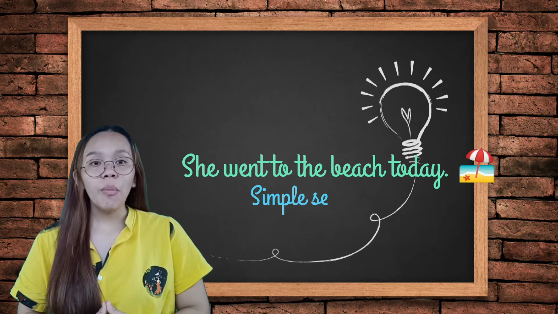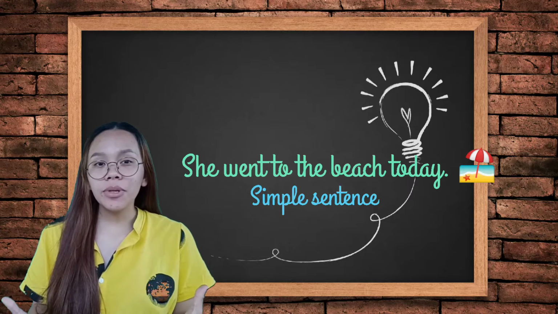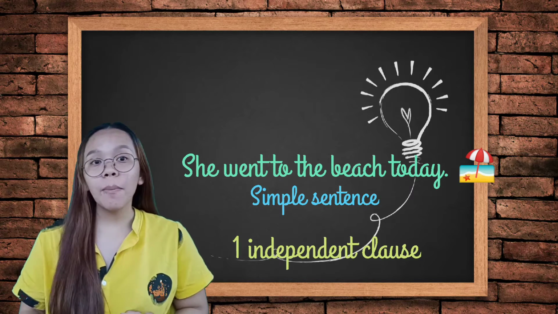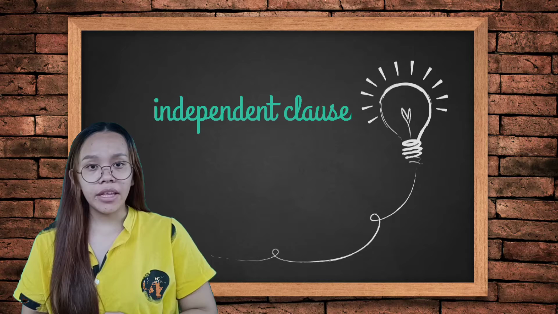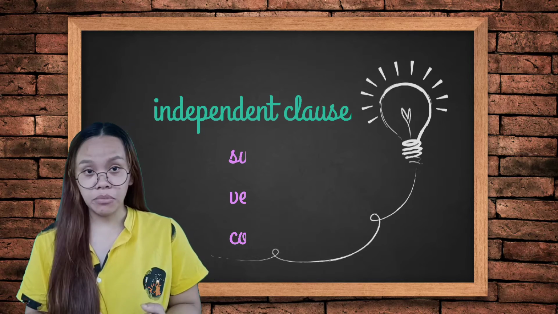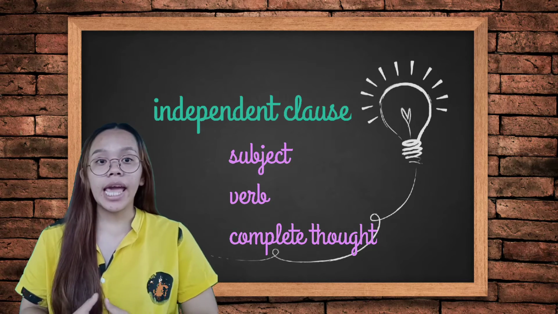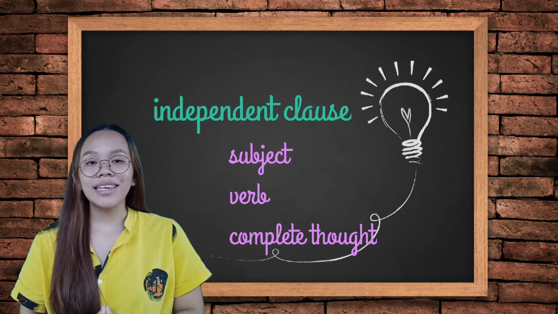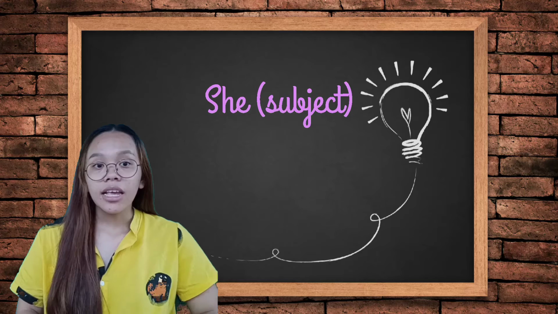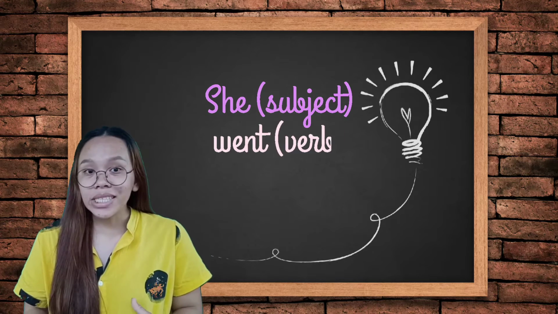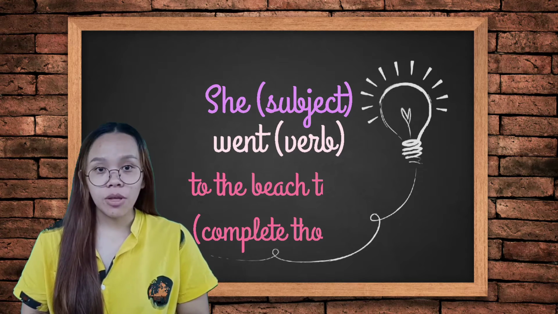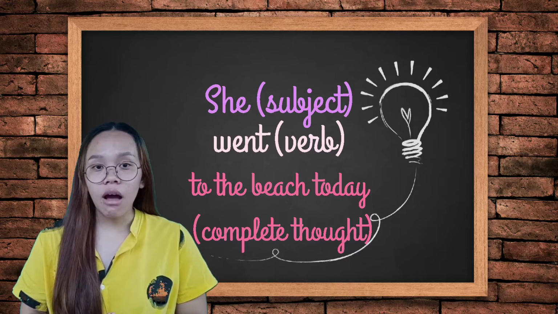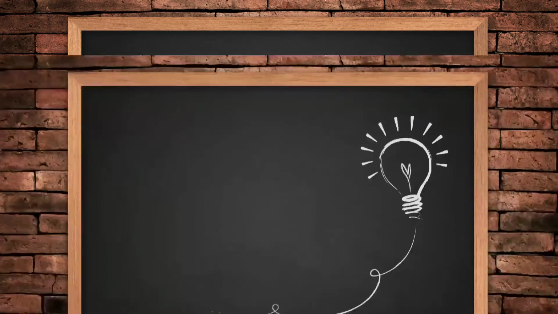This is a simple sentence because simple sentences contain one independent clause, and an independent clause is a clause that has a subject, a verb, and forms a complete thought. And as I just explained, in this sentence, "she" is the subject, "went" is the verb, and "to the beach today" completes the thought of the entire sentence.